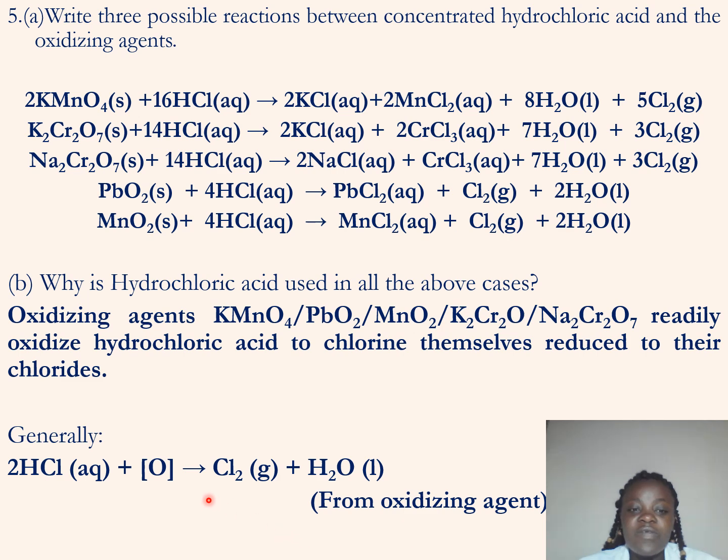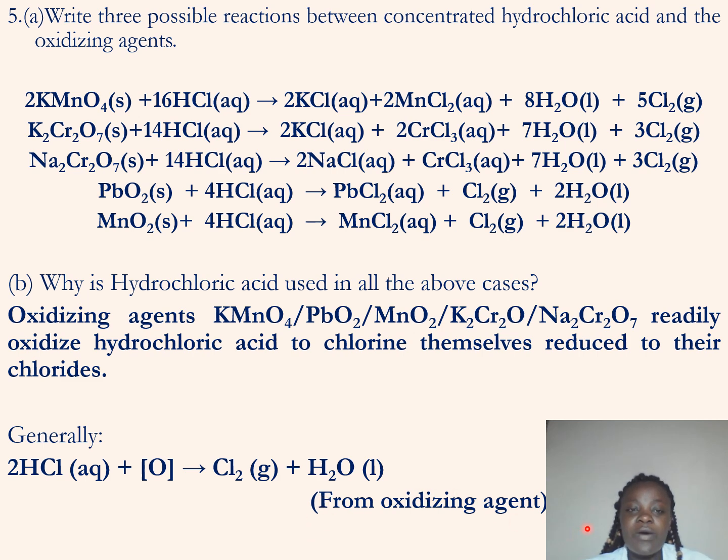So we are going to have hydrochloric acid being oxidized to chlorine gas, and then the oxidizing agent reduced to its chloride, and then there is also formation of water.